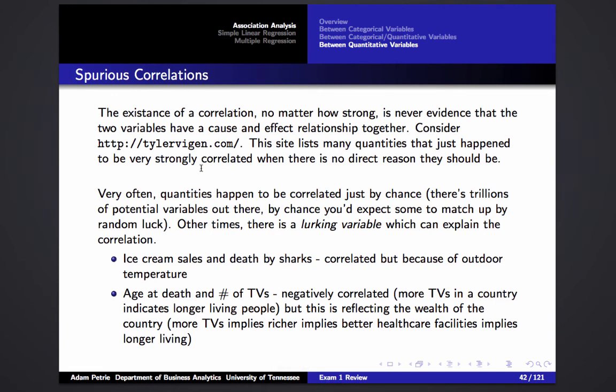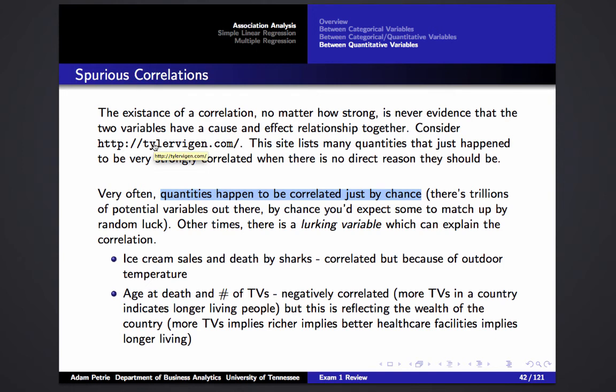All right, so one of the big things we've talked about is just because a correlation might be statistically significant doesn't mean that there's a cause and effect relationship going on, because very often quantities just happen to have a very strong correlation by chance. We looked at that with this website here where you picked out a spurious correlation.